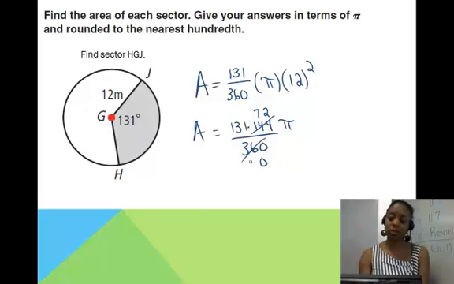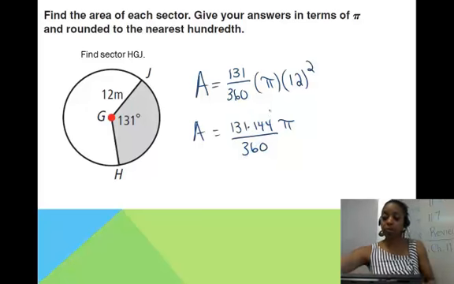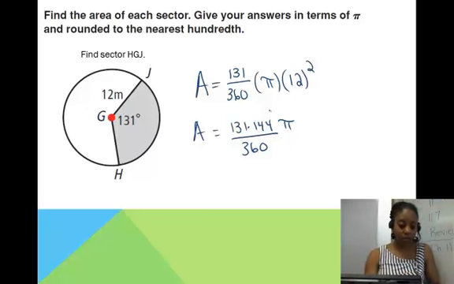Let me do it by 4, because I think 4 goes into both of those as well. I'm just trying to reduce this fraction so we can write our answer in terms of pi. So 144 divided by 4 is 36, and 360 divided by 4 is 90. It might be divisible by 16. 144 is definitely divisible by 12.